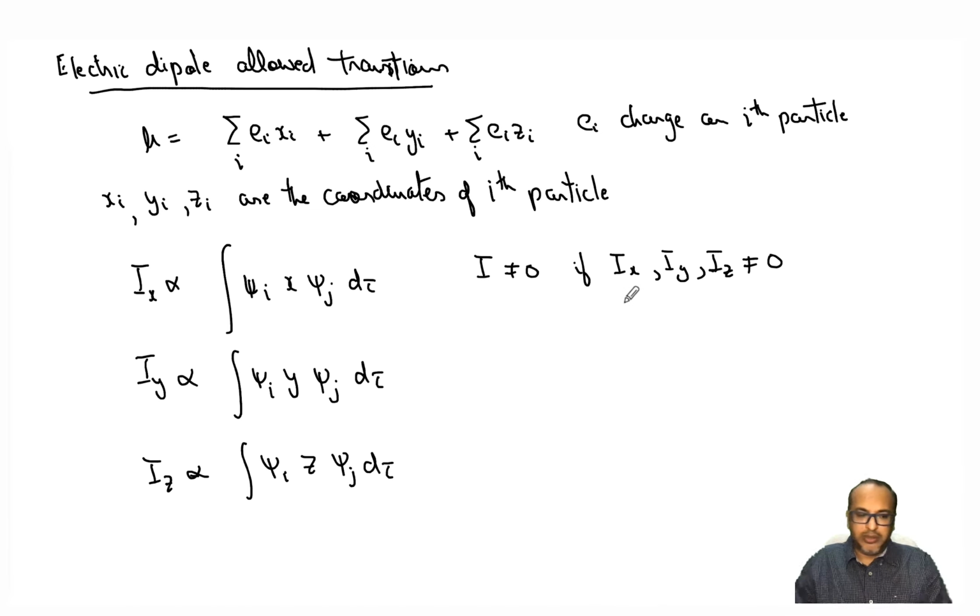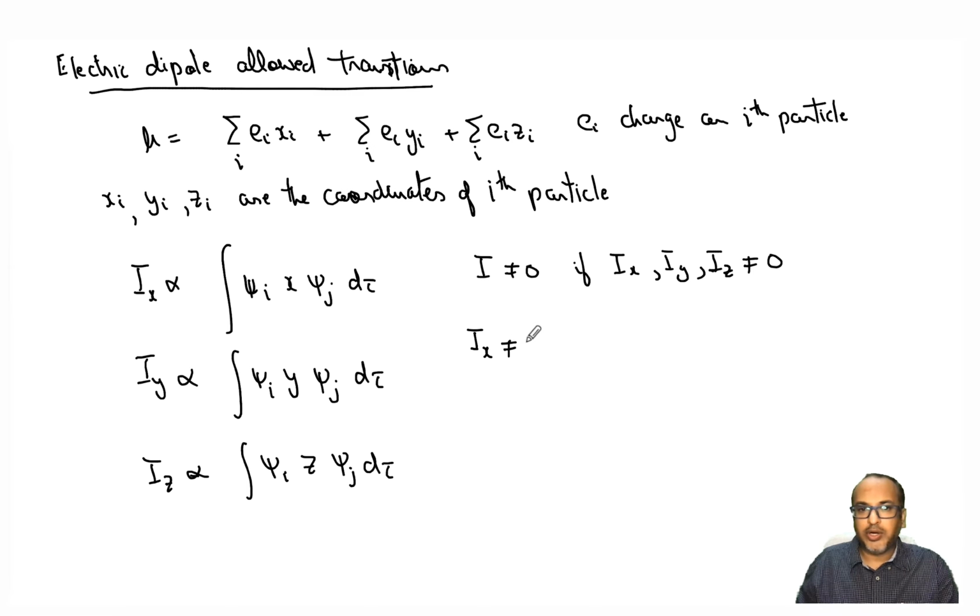So now when will this integration be non-zero? The integration will be non-zero when the direct product of psi 1, x and psi 2, I mean the corresponding IR representations, contains the totally symmetric representation.